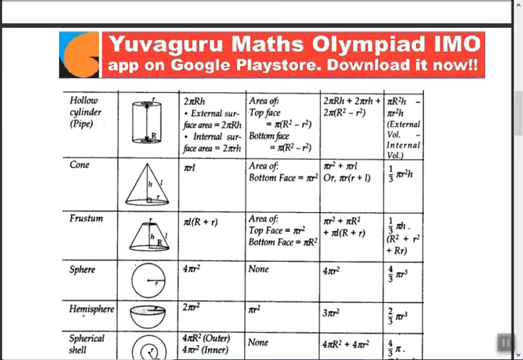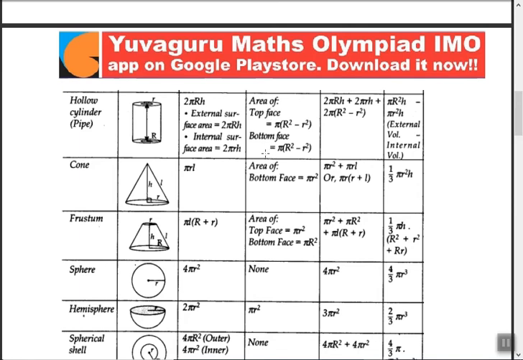Area of top surface is pi capital R square minus pi small r square, so it becomes pi into R square minus r square. Bottom surface is the same. So total surface area is 2 pi Rh plus 2 pi rh plus the top surface 2 pi, why 2 pi?